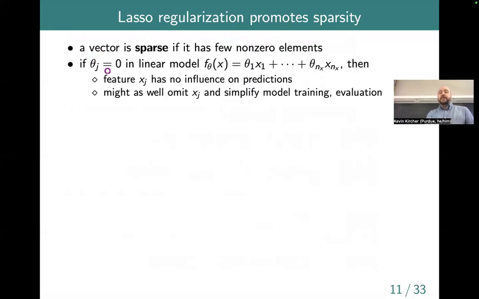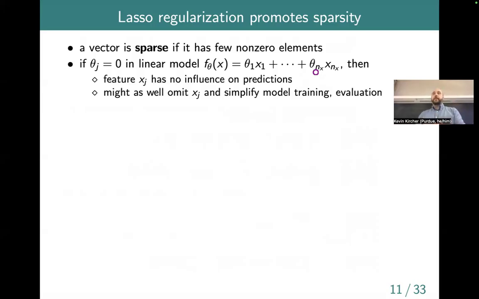So if theta j is equal to 0 in the linear model here, say theta n is equal to 0, then this last feature that goes into the model, every time it enters the model, gets multiplied by 0, meaning it has absolutely no influence on the overall prediction. That means that feature is somehow not important to the model, and so you might as well just not use it at all. You might as well just knock it out.